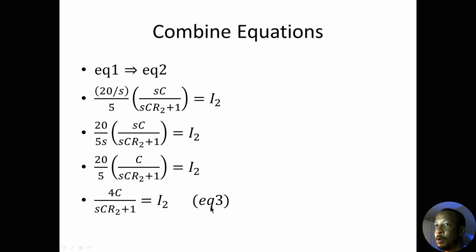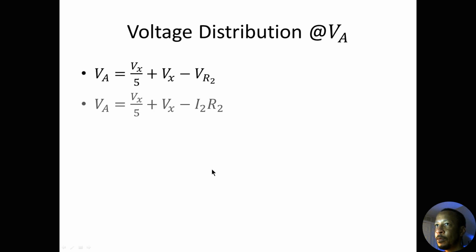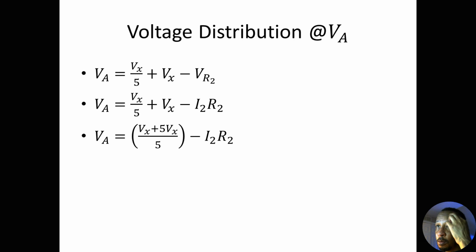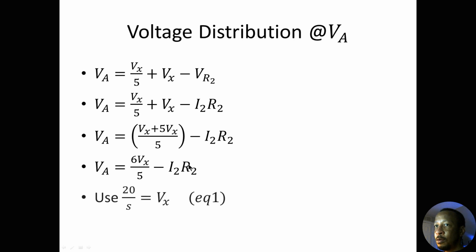Remember that from equation 3. Okay, so I'm going to combine this expression here, Vx over 5 plus Vx, and then I get this, and then that gives me 6Vx over 5 minus I2R2. And I'm going to use Vx equals what? 20 over S, which is equation 1.